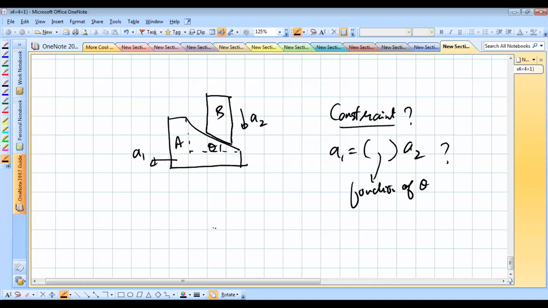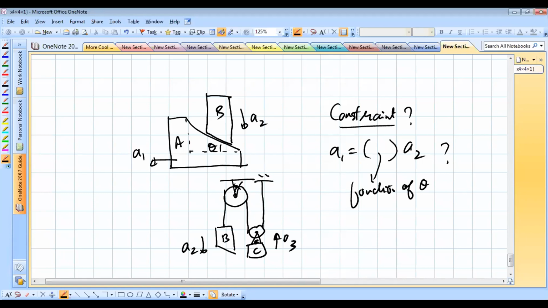Work that out. That is one constraint. And the other is very simple. The block B, even though the pulley is actually attached in a slightly different manner, it's the same thing. If this is going down with A2, this is going up with A3. So you can see very easily that A3 will be half of A2.